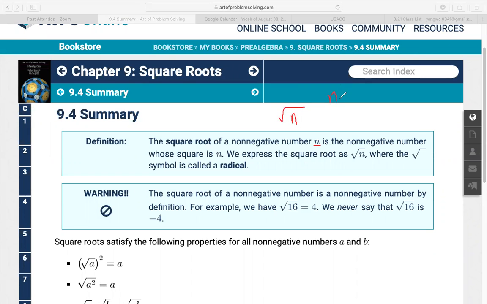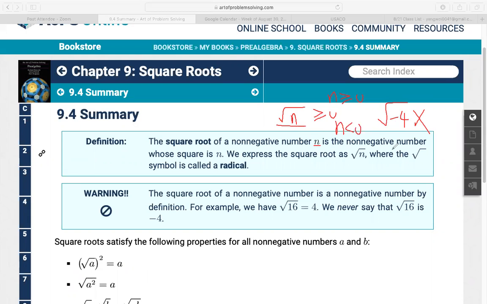Then the requirement is that n should be greater than or equal to 0. Otherwise, if n is less than 0, the square root is meaningless. You cannot calculate the square root of a negative number. The result for a non-negative number's square root will also be greater than or equal to 0.